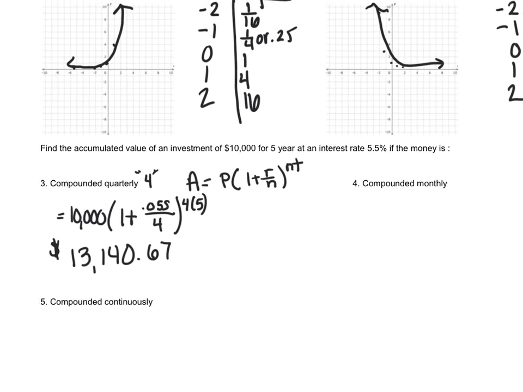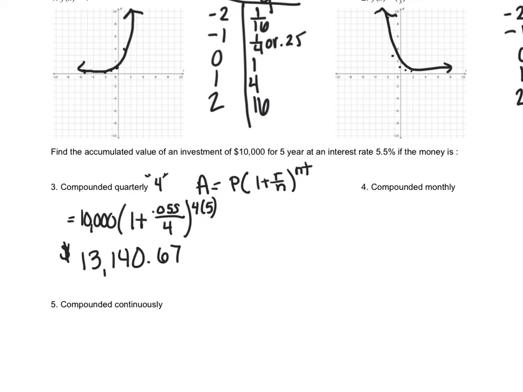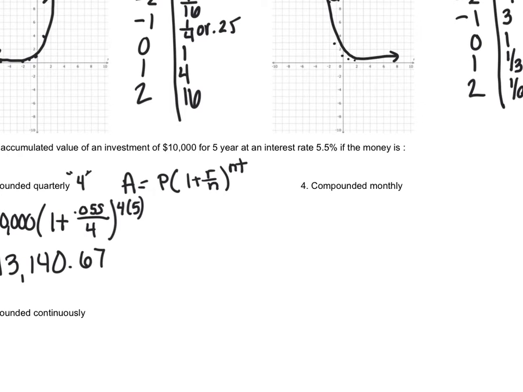All right, so the difference between numbers 3 and 4 is the n. The n is the number of times per year, and since it's monthly, that's going to be 12. So again, we're investing $10,000. That's our principal. Our rate is still 0.055 when we get rid of the percentage sign. Our n now changes to 12 for monthly because that's 12 times a year.